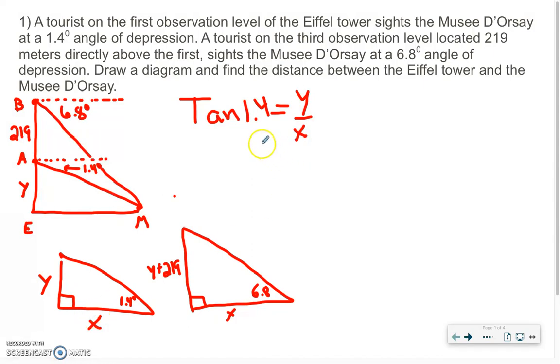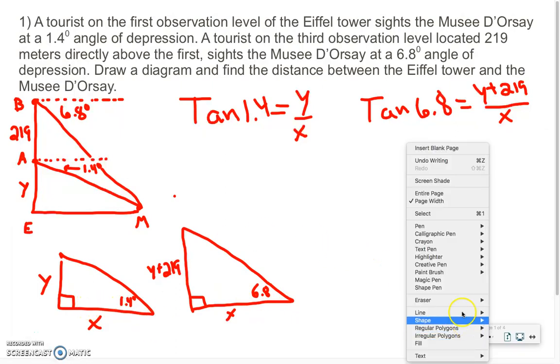And our second one, comparing the two, we get the tangent of 6.8 degrees is equal to Y plus 219, all of that over X. So we have one scenario with two unknown variables, and another scenario with two unknown variables, with that 219 meters being added onto the height. One thing that stays constant is the fact that the distance from M to E is still the same, obviously, as we can see.